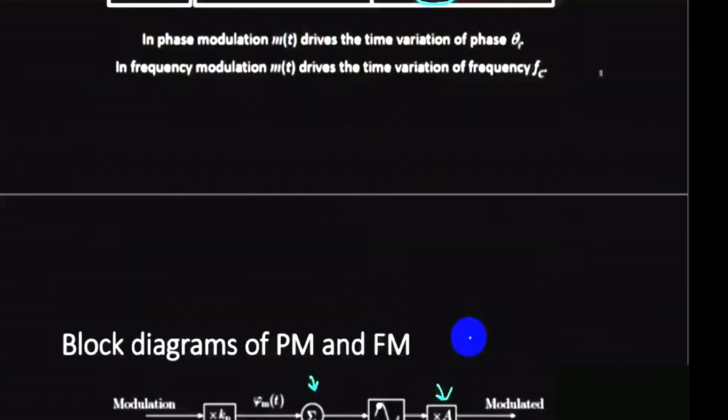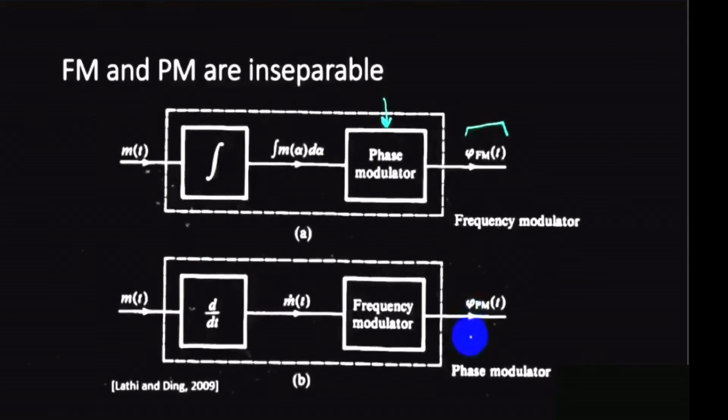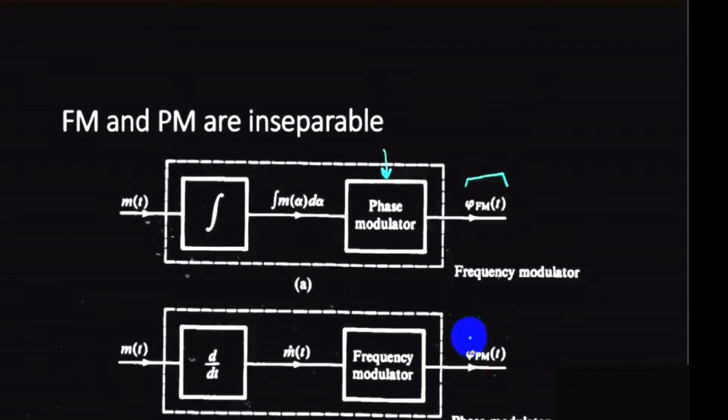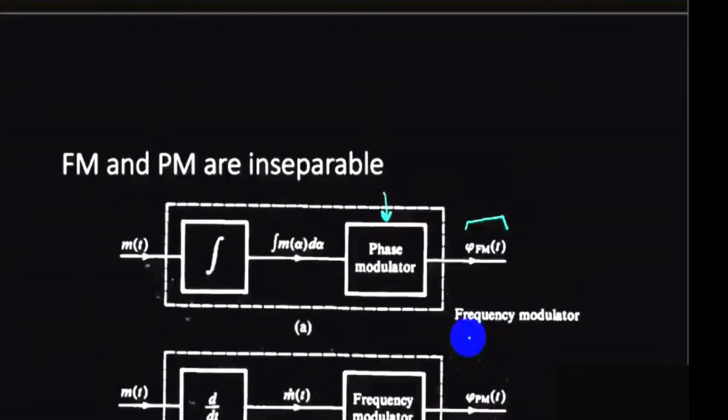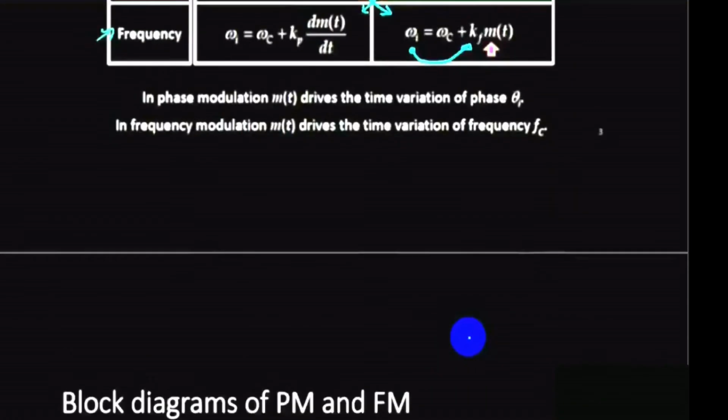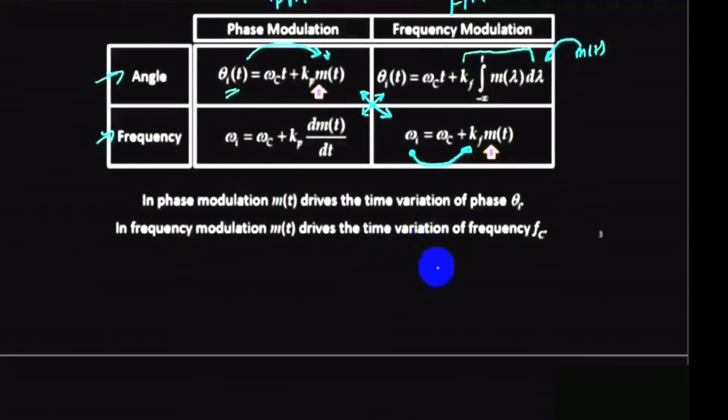So let's talk about the first case, using a phase modulator to generate an FM signal. Starting with the message signal m of t, you pass it through an integrator, and then you get a new waveform. Let's call it m tilde of t. So once you got this, now this becomes your new signal.